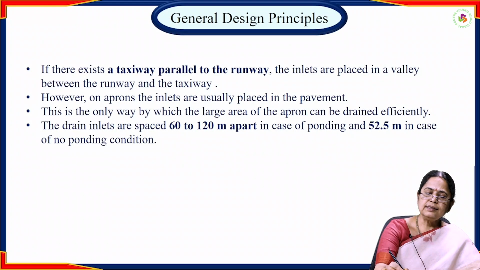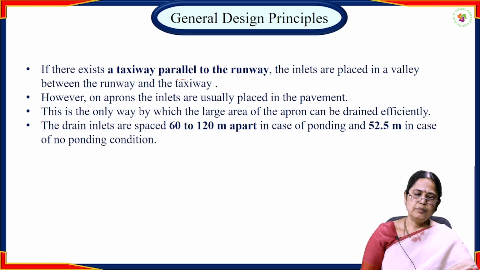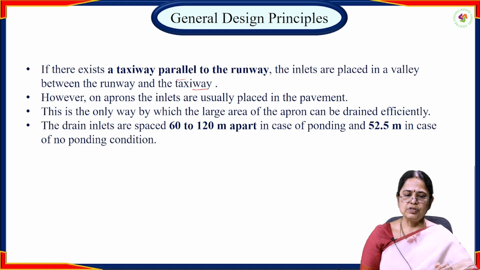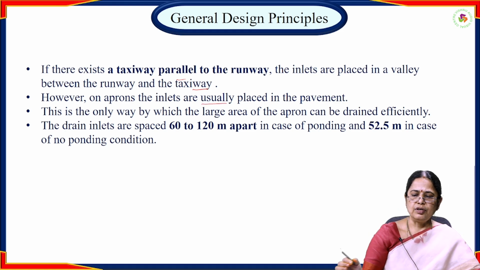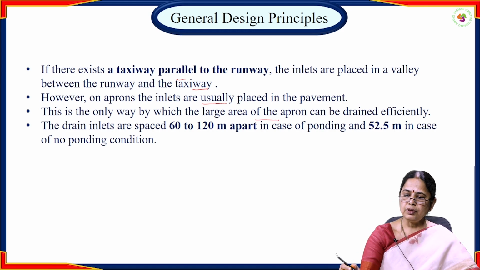If there exists a taxiway parallel to the runway, the inlets are placed in the valley between the runway and taxiway. However, on the aprons, the inlets are usually placed on the pavement. This is the only way by which the large area of apron can be drained efficiently.